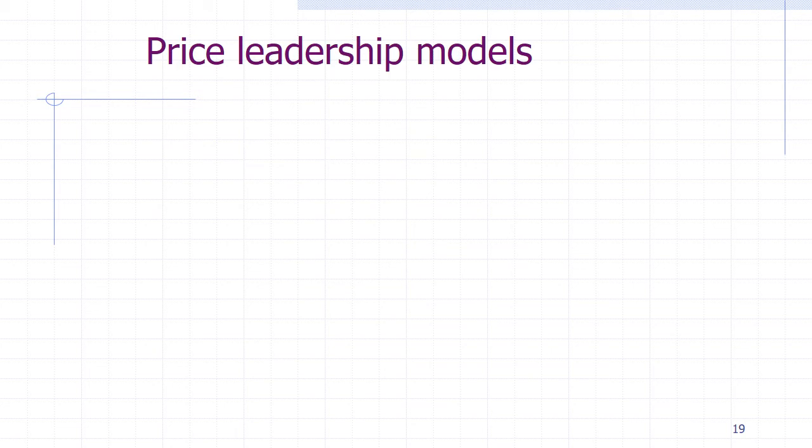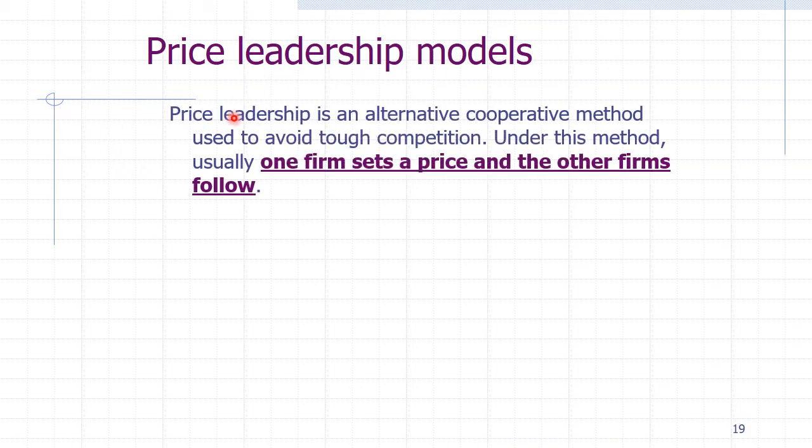Then we will discuss collusive type models. There are two collusive type models, the cartels and price leadership. First we will look at the price leadership models. Price leadership is an alternative cooperative method used to avoid tough competition.